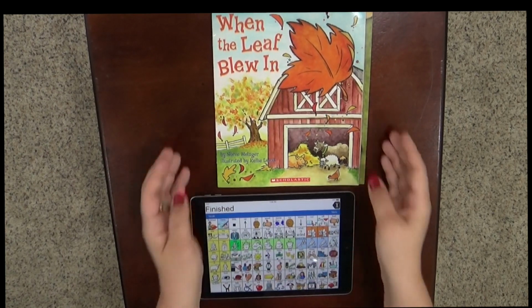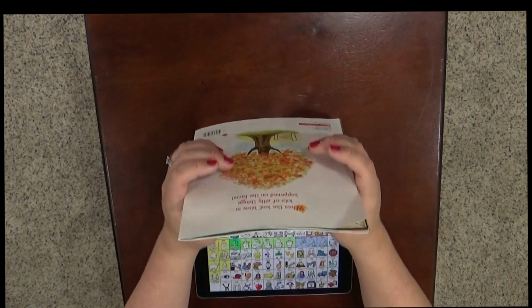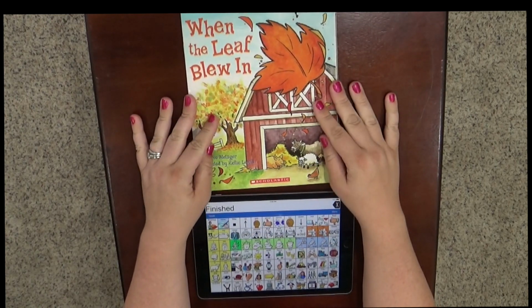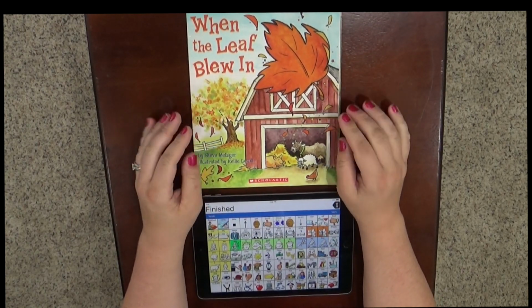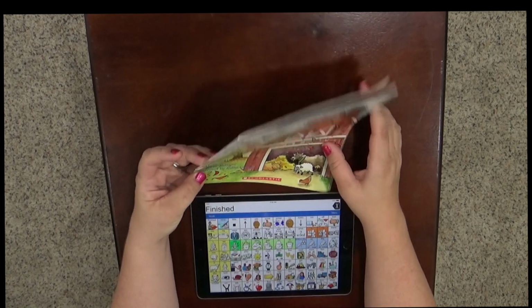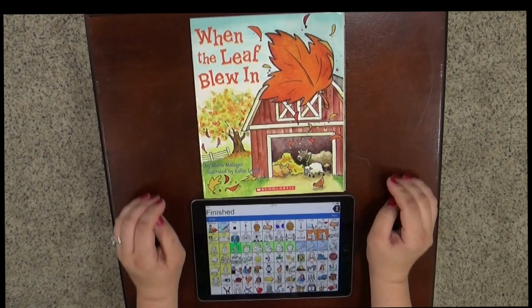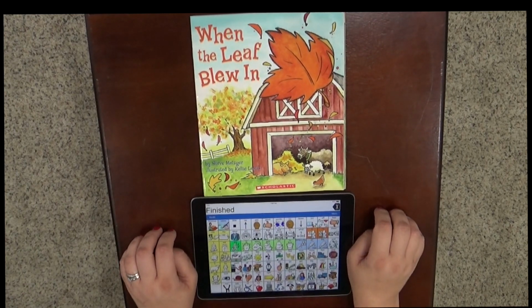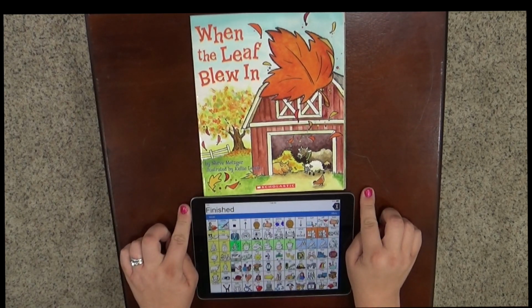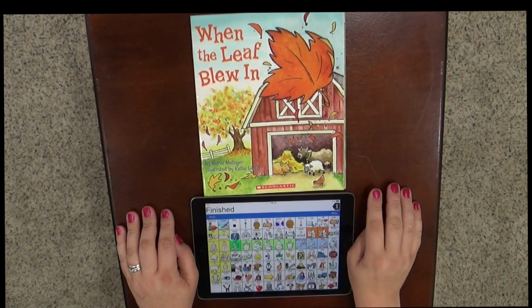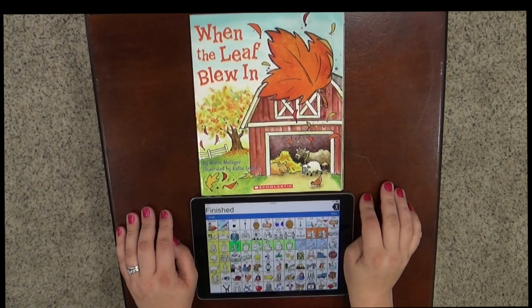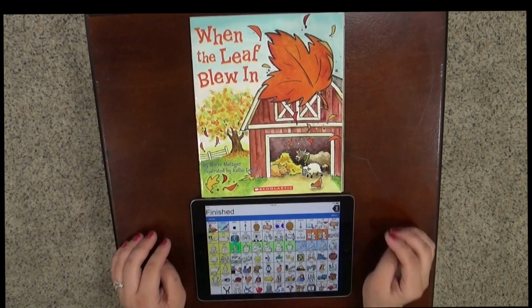All right, so like I said, there's a book companion to this book in my Teachers Pay Teachers Fall and Halloween language packet, book companion packet that's online. Just look up Speech Without Limits and you can find it. And a great activity that I did last week with it was I had farm animals from the story printed out, and I put them up on one of my magnetic cabinets.